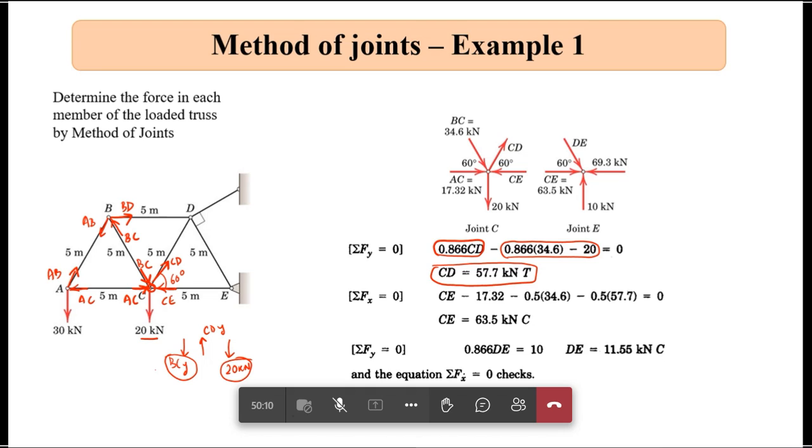Along this direction I have AC, which is known to me. Along this direction I have CE, right? Along this direction again I have horizontal component of CD, and along this direction, what do I have?